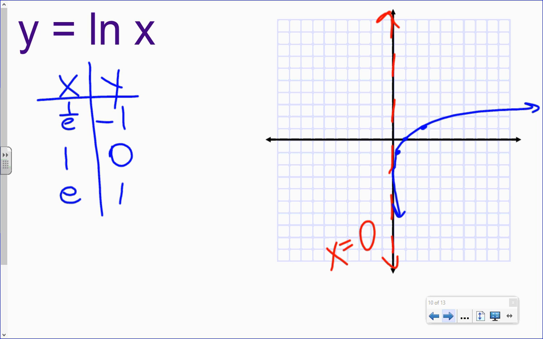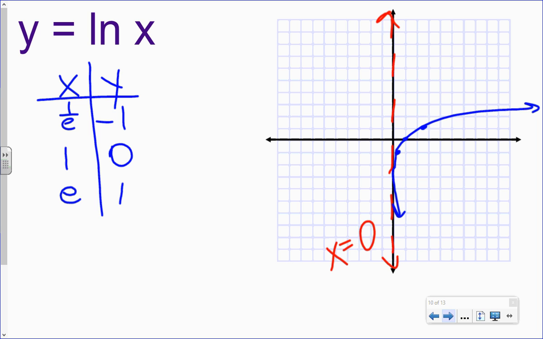Just like yesterday with the e to the x graphs, you're probably going to need your calculator to help you approximate any of the transformations because we're dealing with an irrational number, but I still want you to do as much as you can without your graphing calculator because you do not get a calculator to graph on Friday.